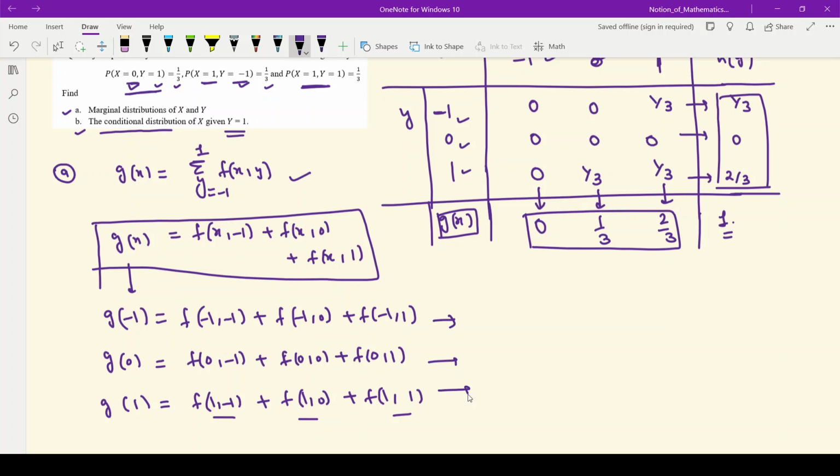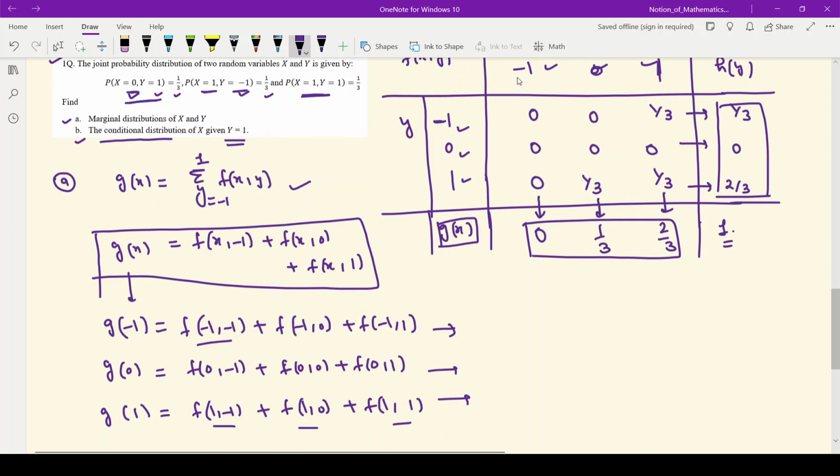Now we can add it. So what is f(-1, -1)? We will check this table now. f(-1, -1) is 0 plus f(-1, 0) is again 0 plus f(-1, 1) is again 0.